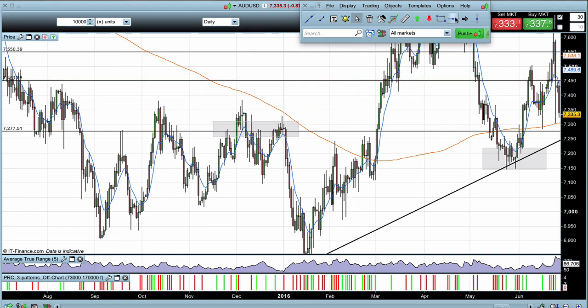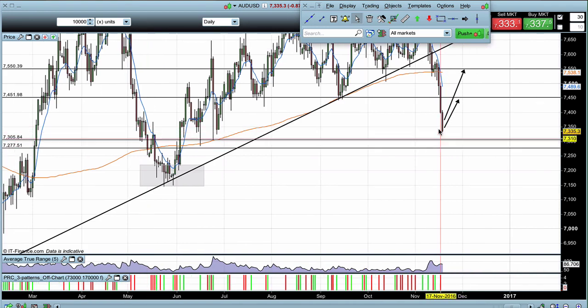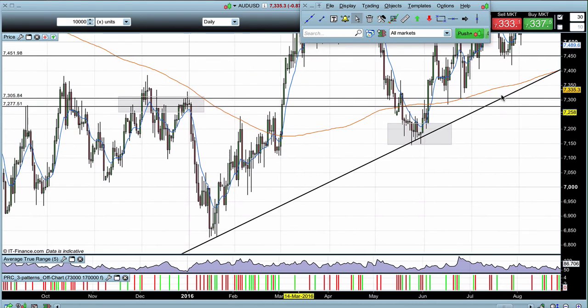We have one right here at these levels, just a little bit below where the market currently is. So on Monday morning, if the market can get down here, I'll be looking for that bullish price action for potential long positions.